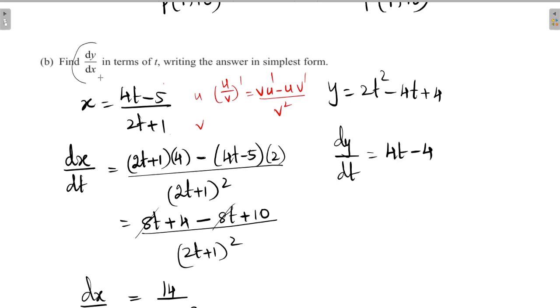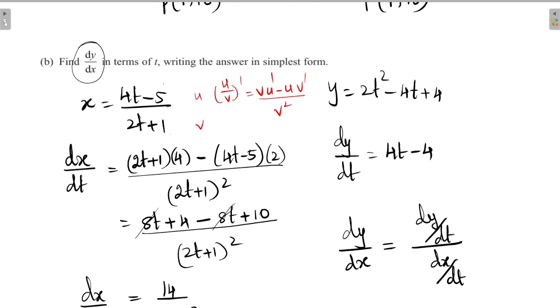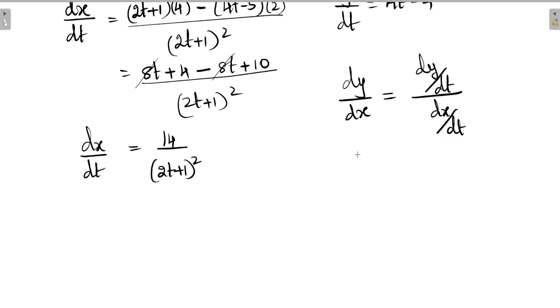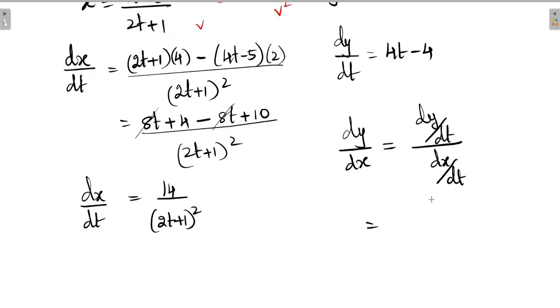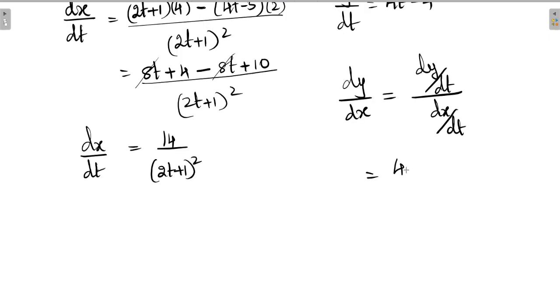Now we can find out dy by dx. The differentiation of y with respect to x, dy by dx is equal to dy by dt divided by dx by dt. Let's replace here dy by dt, 4t minus 4, divided by dx by dt, 14 by 2t plus 1 the whole squared. So which is equal to, here in the numerator 4 is a common factor, t minus 1.